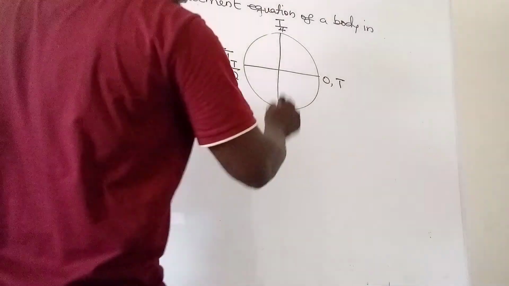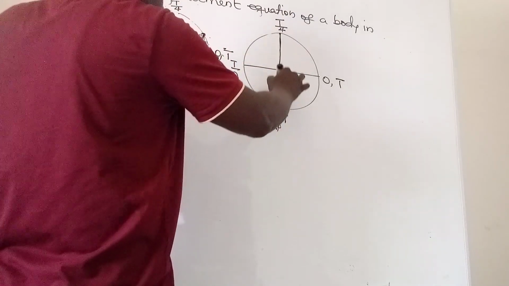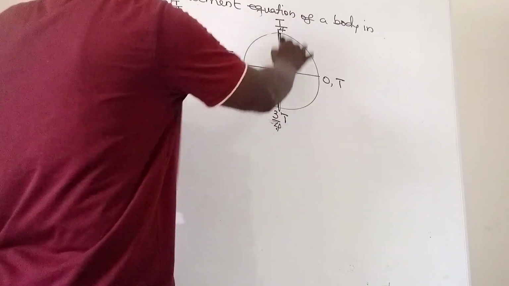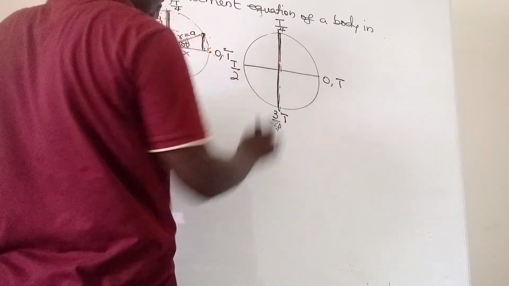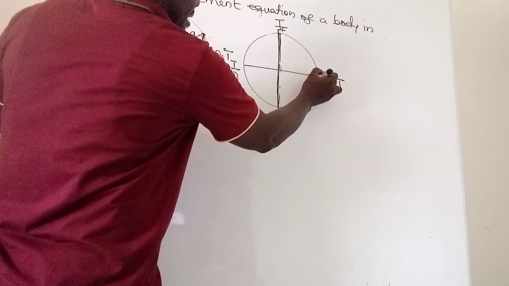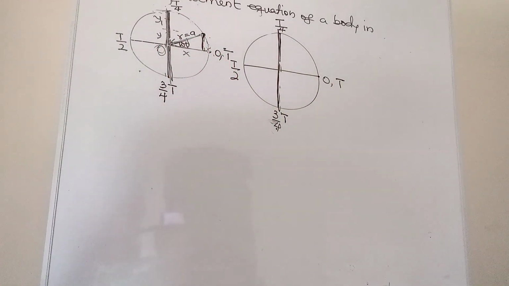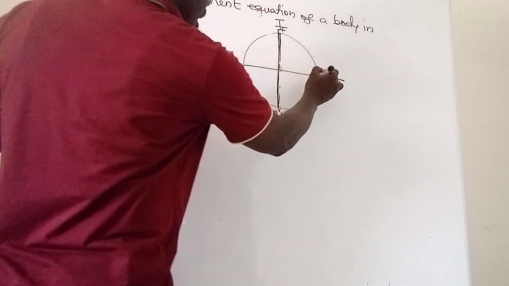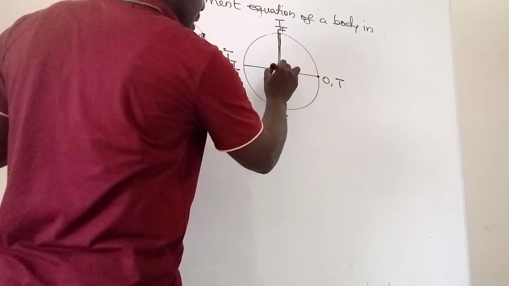Now I want us to look at the displacement of the particle along the y-axis. So along y, that's why I'm dipping the line. At time t is equal to 0, what is the displacement along the y-axis? I think you all agree with me that when we trace this point to this point, it is 0.